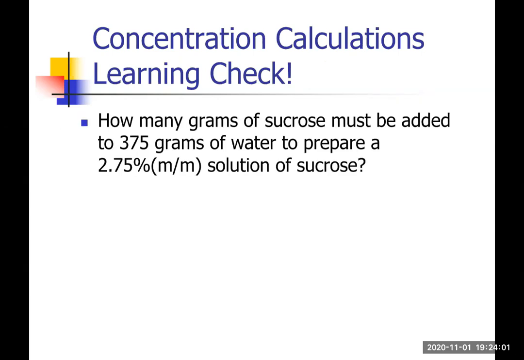And let's try another example. This example is asking how many grams of sucrose must be added to 375 grams of water. So I can start taking notes over here on the side. If I need grams of sucrose, that means that I need grams of solute.